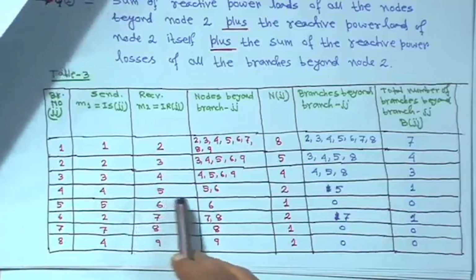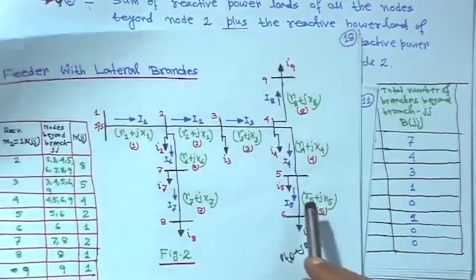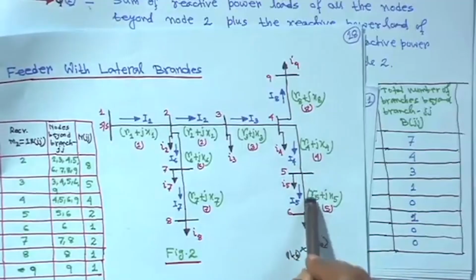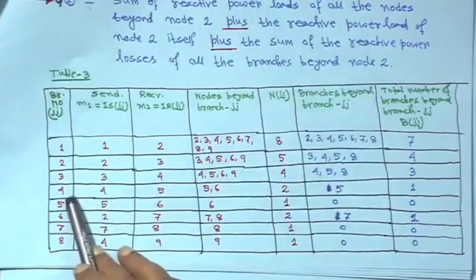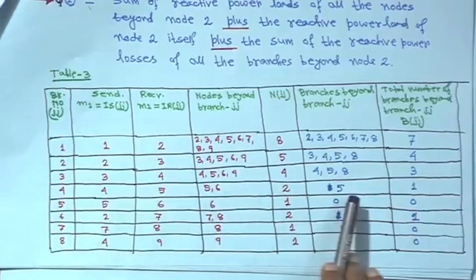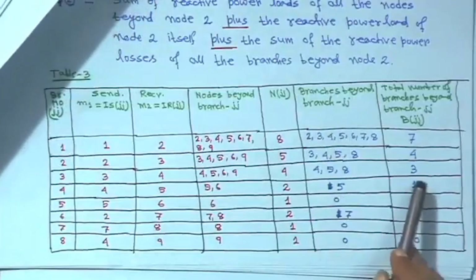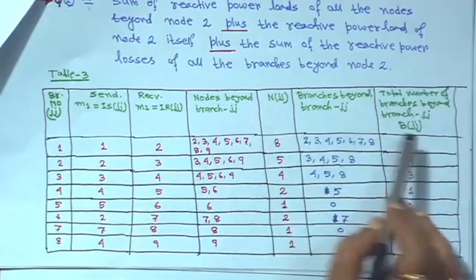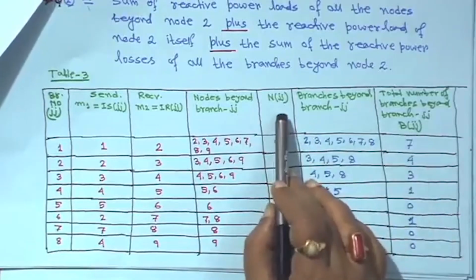Similarly, beyond branch 4, how many branches are there? Only one branch is there, its number is branch 5. Here it was given NJJ, that is the number of nodes beyond branch JJ.